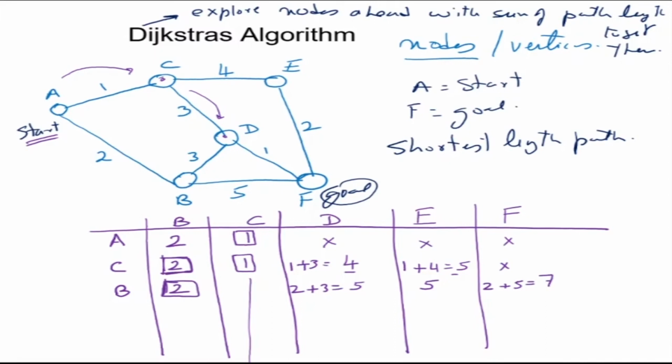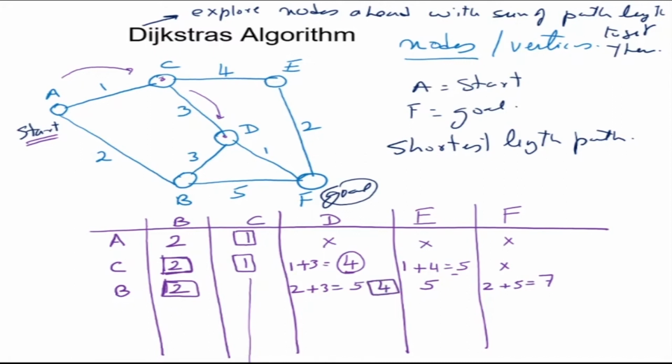Now in this row, which one is the lowest? A point I missed out. Just note here that the previous one was 4. So that means there is a path to D which is less than 5, so I bring 4 down here. Please note this carefully.